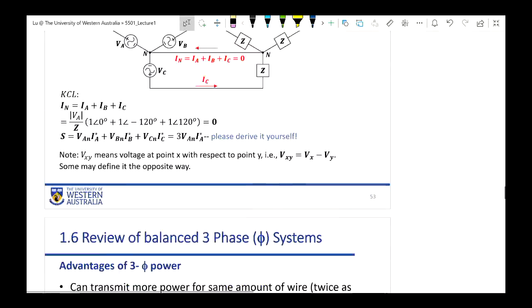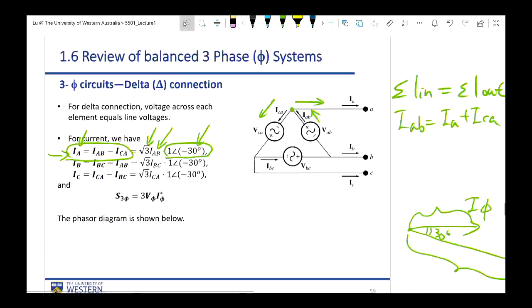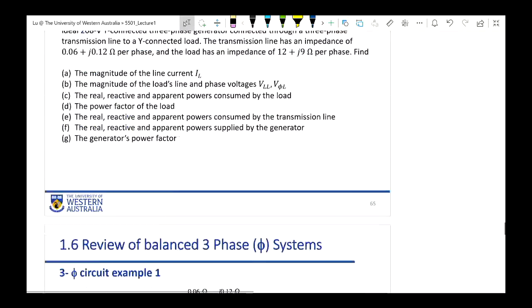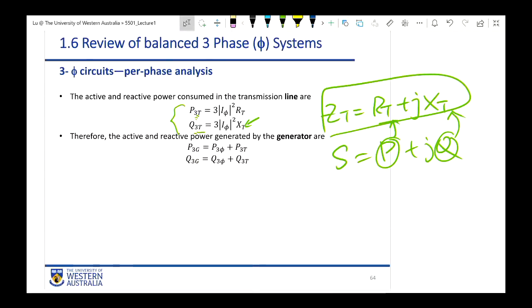Okay? So let's go back to that formula we discussed. Here. In this slide, the very bottom two formulas are calculating how much real power and reactive power we need to provide from the voltage source on the generator to supply the power to both the load and the transmission cable.